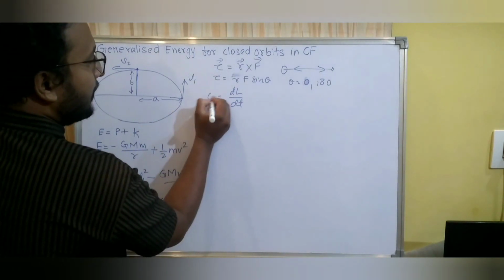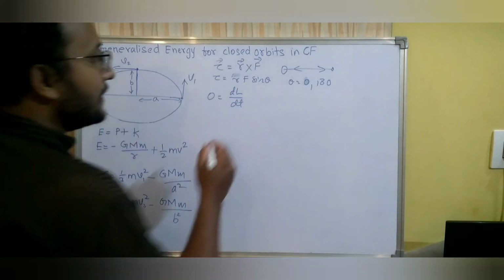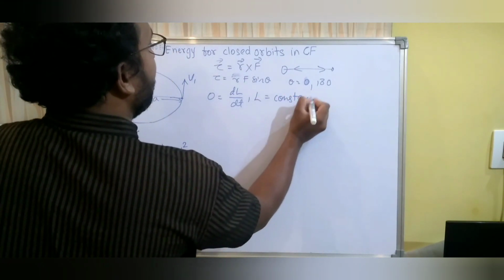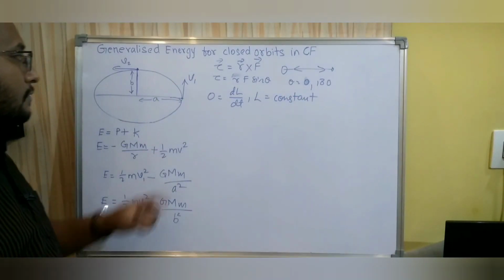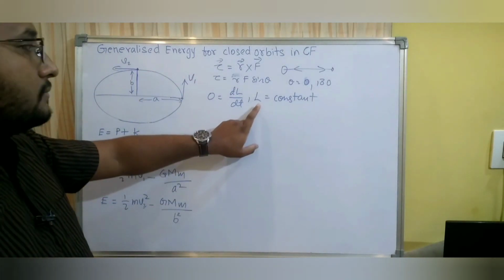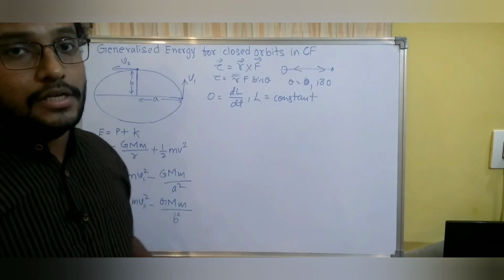So torque is equal to 0, therefore dL by dt is 0, which means the angular momentum of the planet, or any object moving in the central force field or gravitational force field, is always constant. So angular momentum is not going to change.